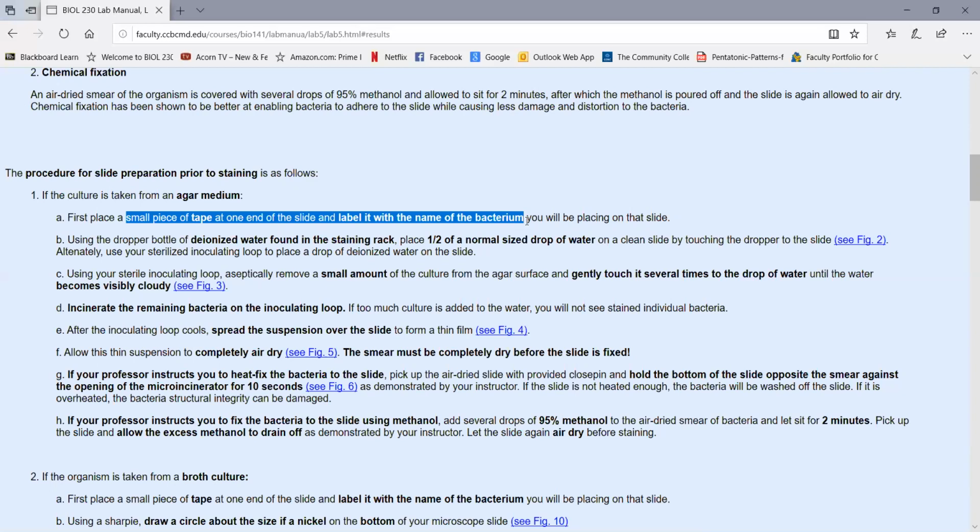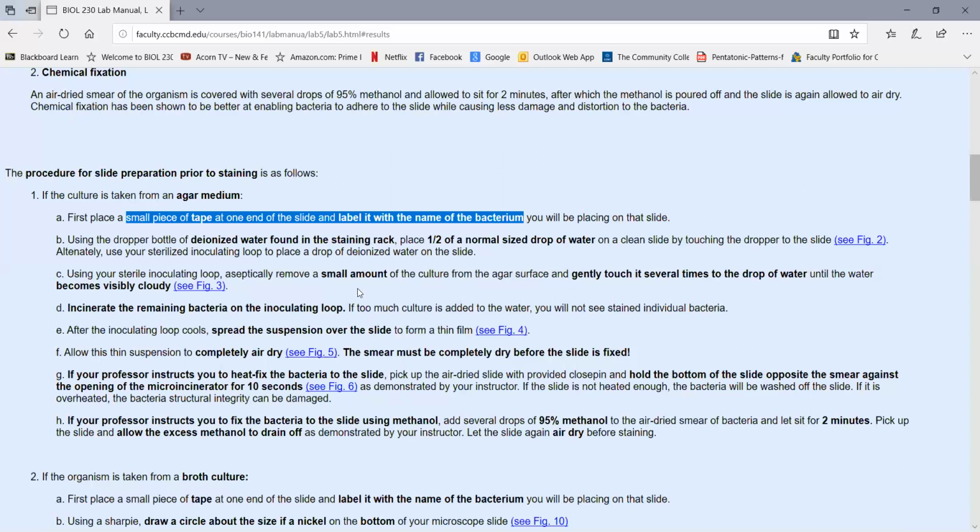And also that reminds you which side of the slide is up. The tape is on the top of the slide where the bacteria are. Because if you accidentally turn the slide upside down somewhere during staining or put it on the microscope upside down, it won't focus. And I've seen people spend 20 minutes trying to find stuff on a slide that's turned upside down. You can't see them if the slide's upside down.